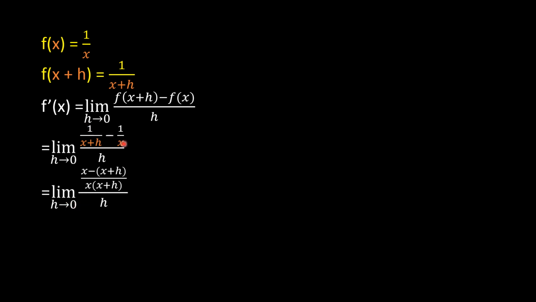Taking the common denominator: 1 multiplied by x is x, minus 1 multiplied by x plus h, which is x plus h, over x multiplied by x plus h, all divided by h. X minus of x plus h will be minus h.